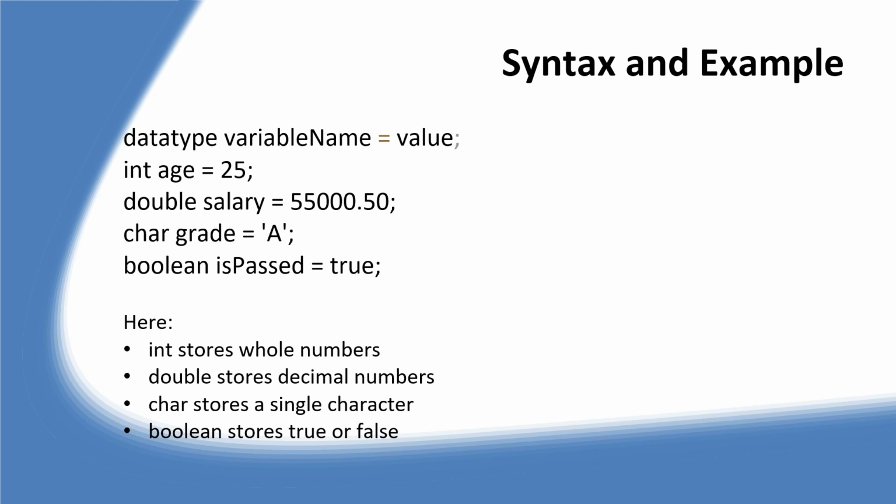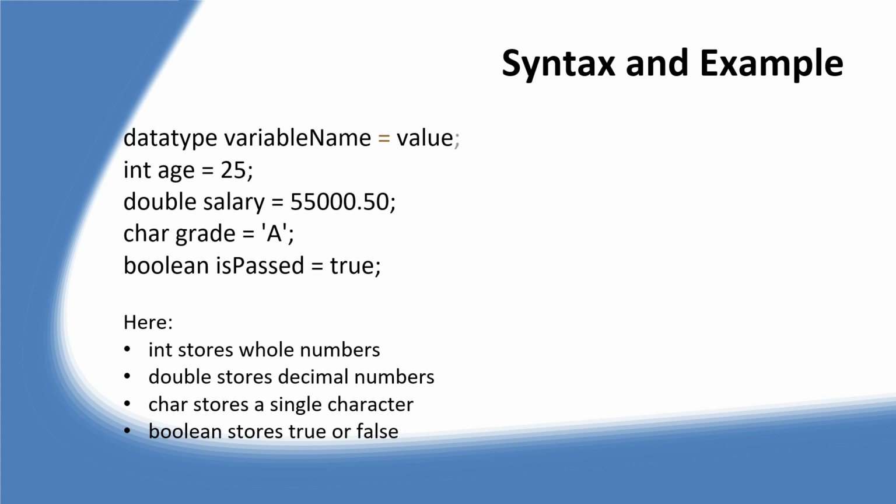So the syntax we have seen: the syntax will be the data type, what kind of data type we want, for example int, double, char, boolean. All of these are data types. Then the variable name, which is a name we provide, and the value which will be assigned to the variable.